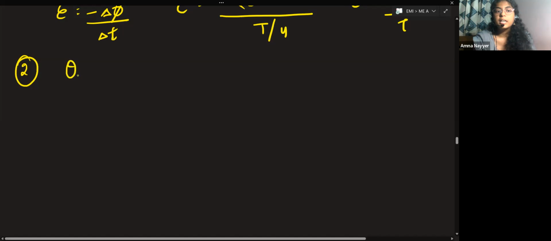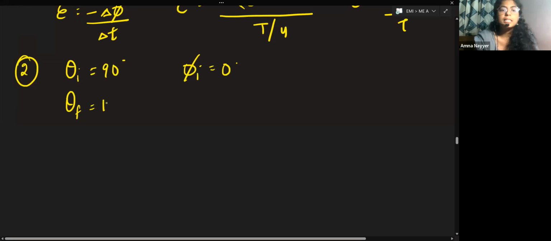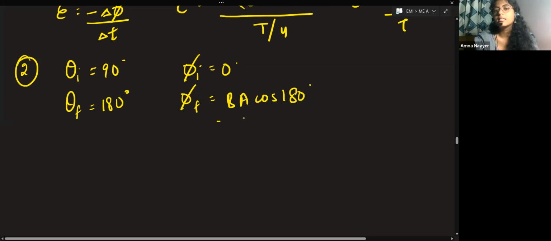See, theta 1, the initial theta that we started with this time, is 90 degrees. So the initial flux is now 0. And theta final is 180 degrees, no? So the final flux will be BA cos 180 degrees, which means minus BA.